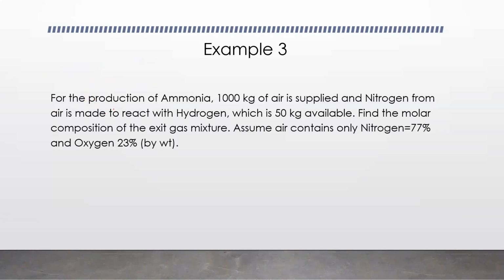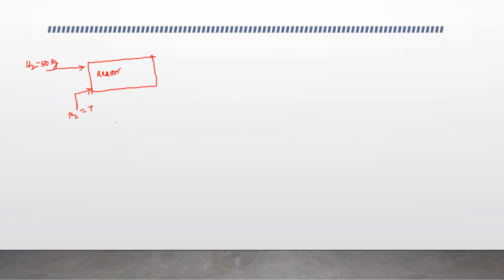That means we have nitrogen, that is, 1000 kg of air, so 770 kg of nitrogen, and oxygen, that is 230 kg. All right, so this is my condition.